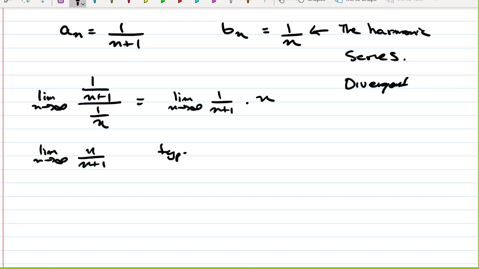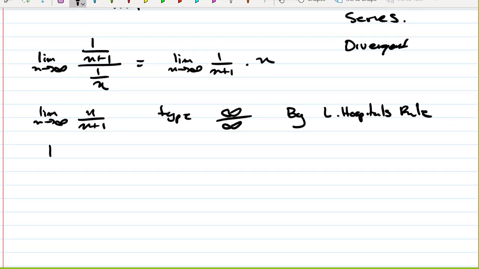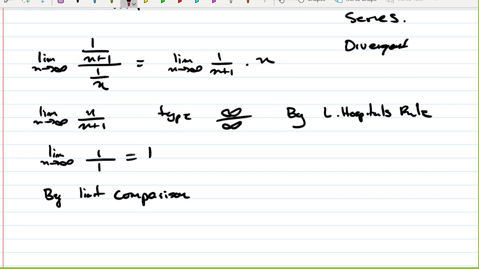So that's type infinity over infinity. So then by L'Hopital's rule, we take the derivative and we have the limit as n goes to infinity of 1 over 1, which is 1. So the value of that limit is going to be 1. So since the harmonic series diverges, we have by limit comparison both series diverge.